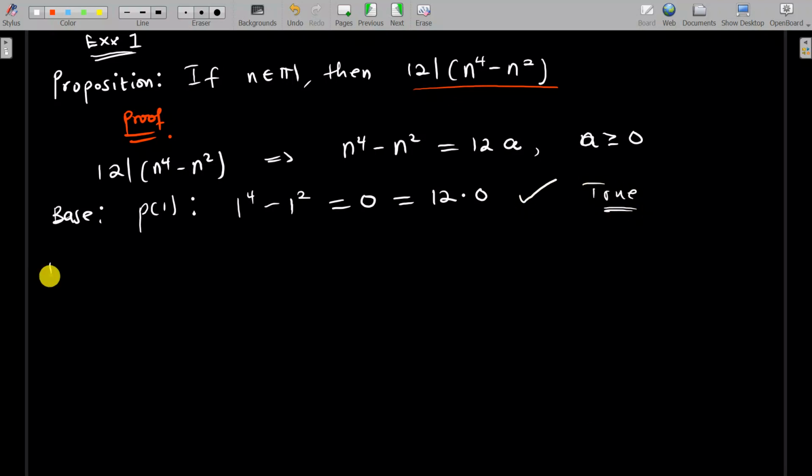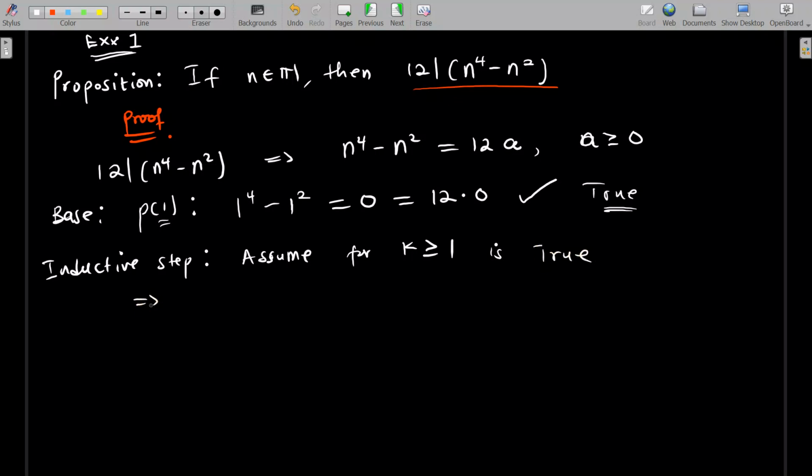Now the second one is the inductive step. If you've watched my first video, you know these steps. We are now assuming that for n greater than or equal to 1, when n is starting from 1 all the way to k, assume for k greater than or equal to 1 that it is true.